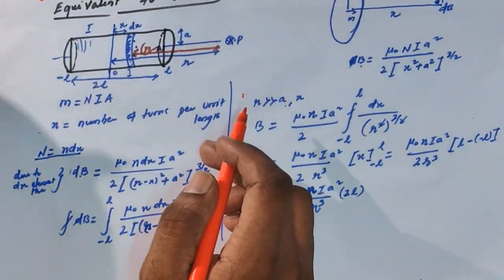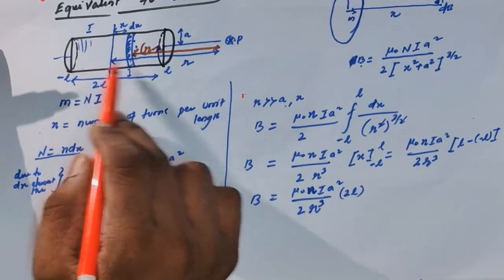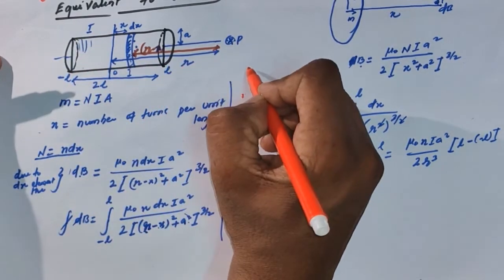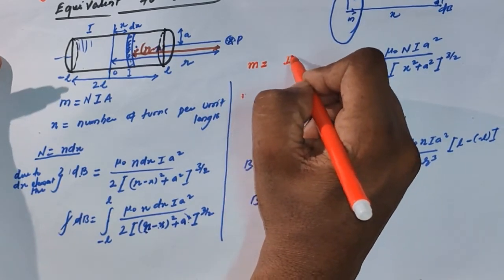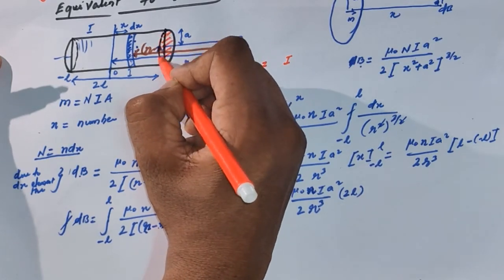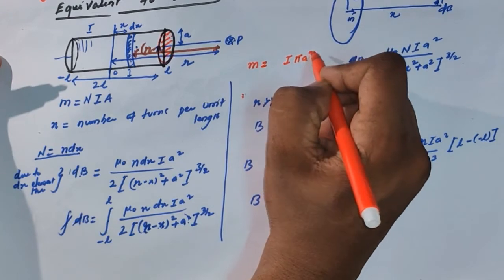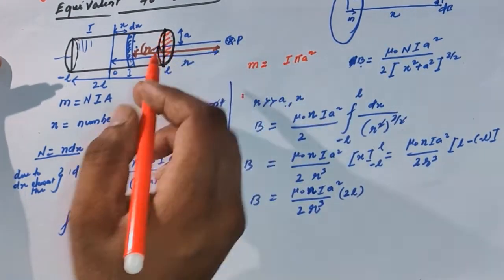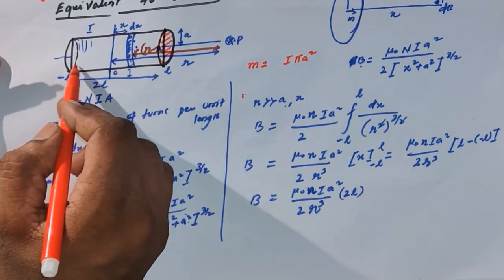Now let's calculate the magnetic moment of the solenoid of length 2L. In general, for a single loop, the magnetic moment is the current times the area. Suppose you take this single loop: the area is πa², the current is I. If you are taking n number of loops, how many loops are there in the solenoid?